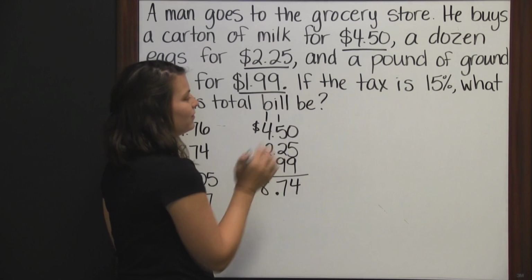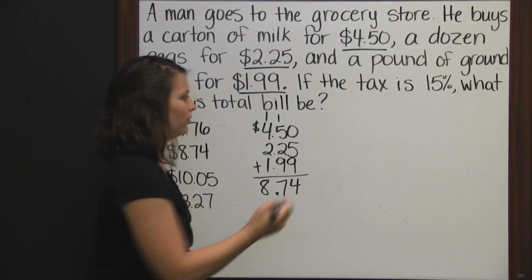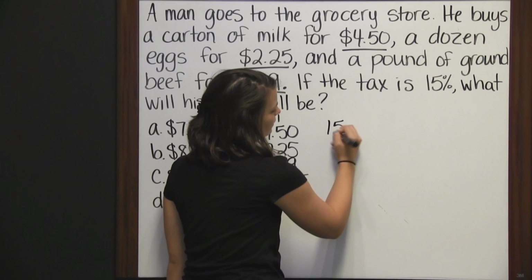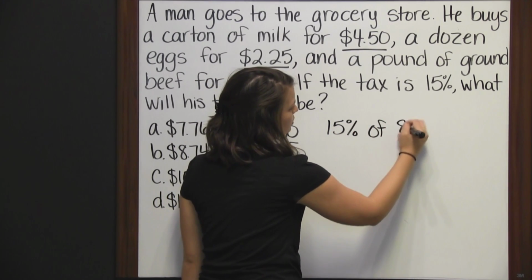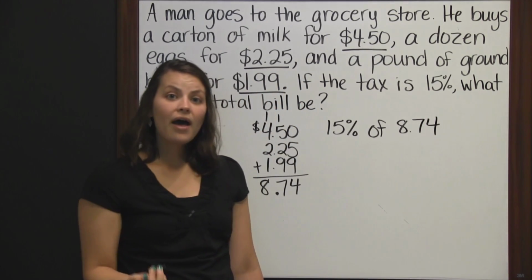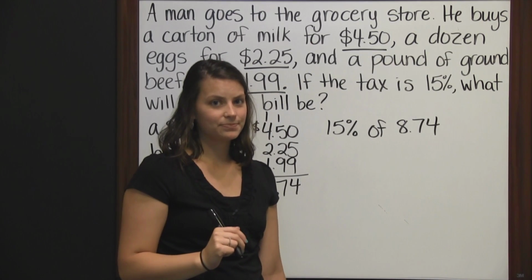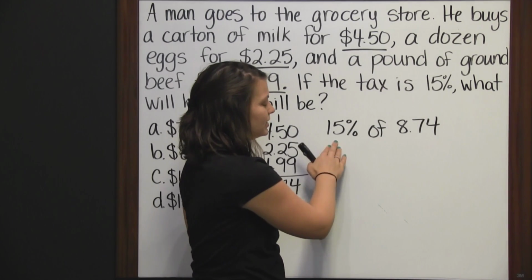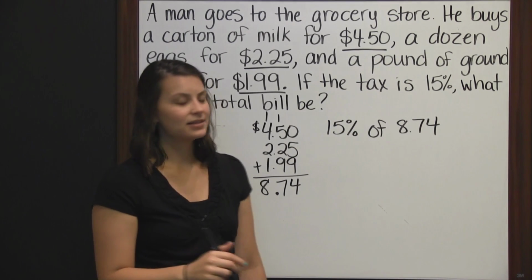But we've got to now calculate how much tax he's going to pay on what he's buying. So he's going to pay 15% of his total. Let me write that out. 15% of his total, which is $8.74. Now, of in math usually means to multiply. But I can't take this percent and multiply it times $8.74.